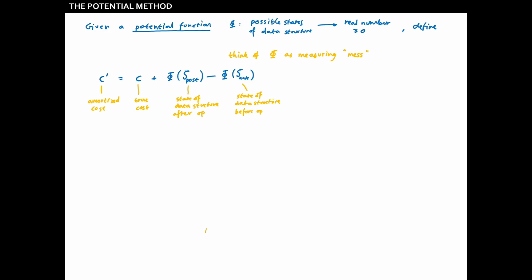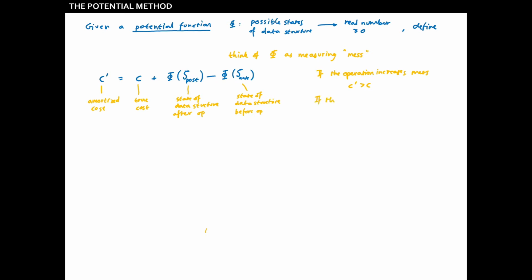So if we're thinking of phi as measuring stored up mess, if the operation increases mess, in other words, if phi afterwards is higher than phi beforehand, that will mean that C prime is larger than C, the amortized cost is larger than the true cost.